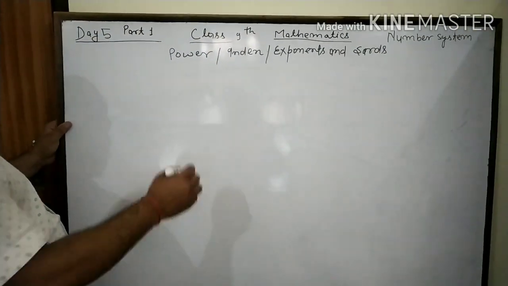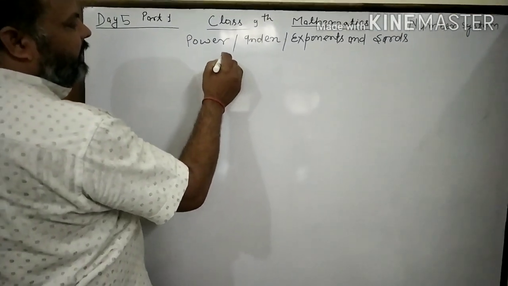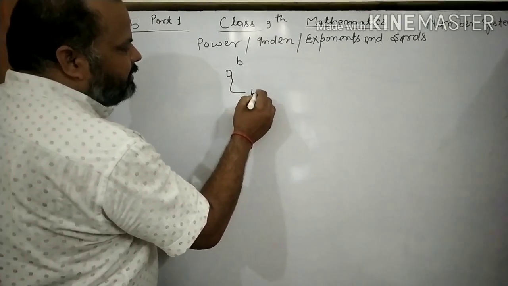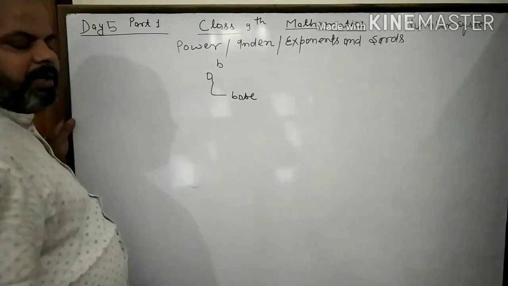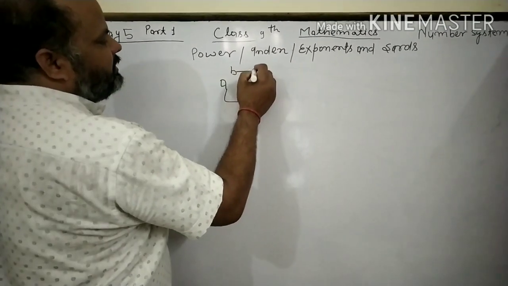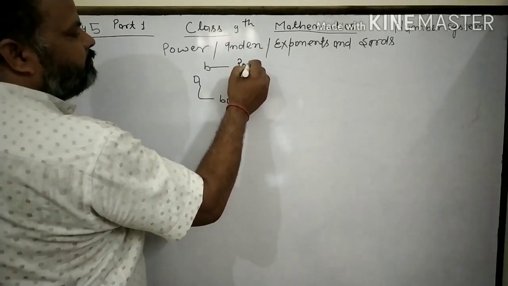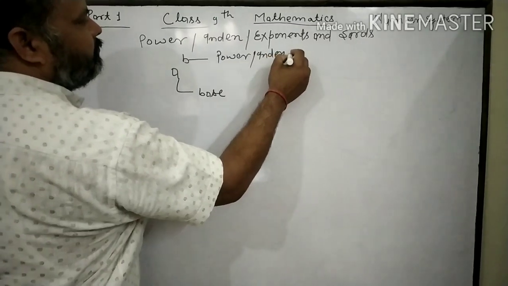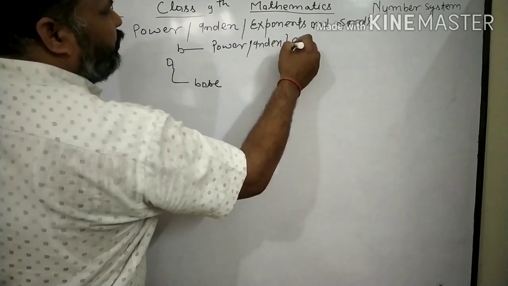Clear? Suppose here a to the power b. Then a is called the base, and b is called the power, index, or exponent.